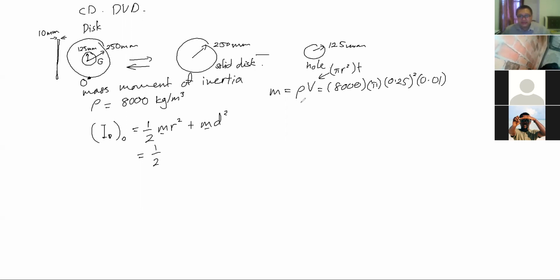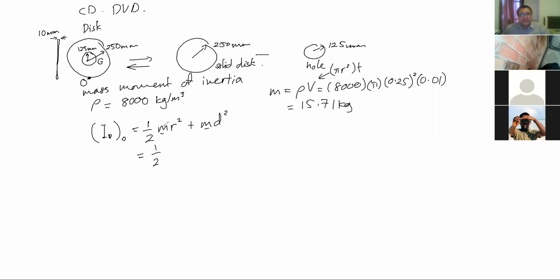Then you'll get m is equal to 15.71 kg. It is not actually your CD or DVD because it is too heavy. Just the shape is like that.